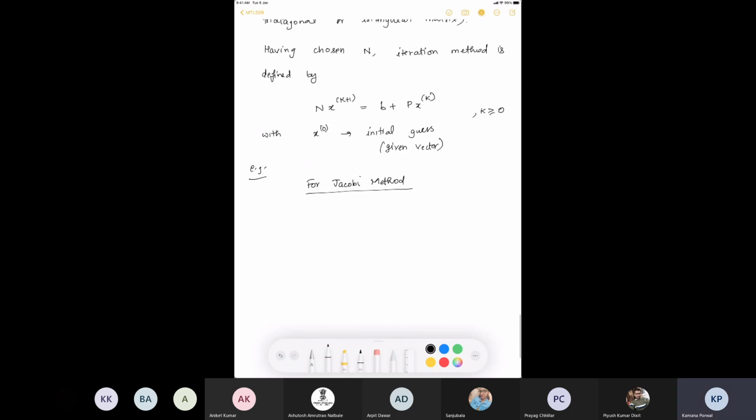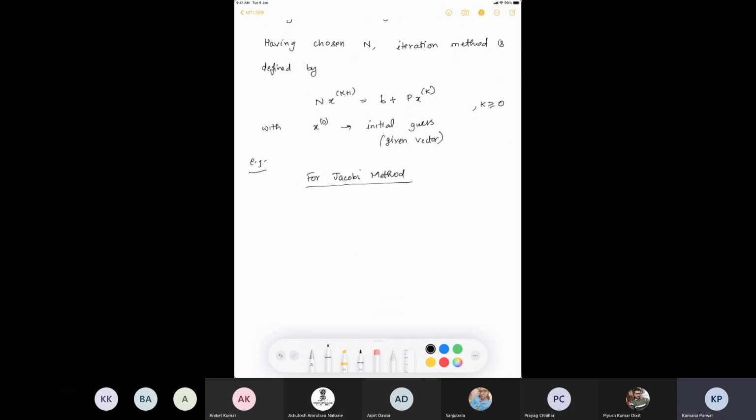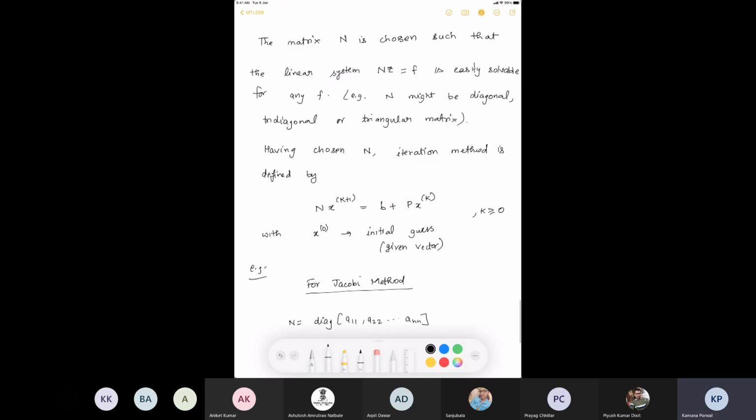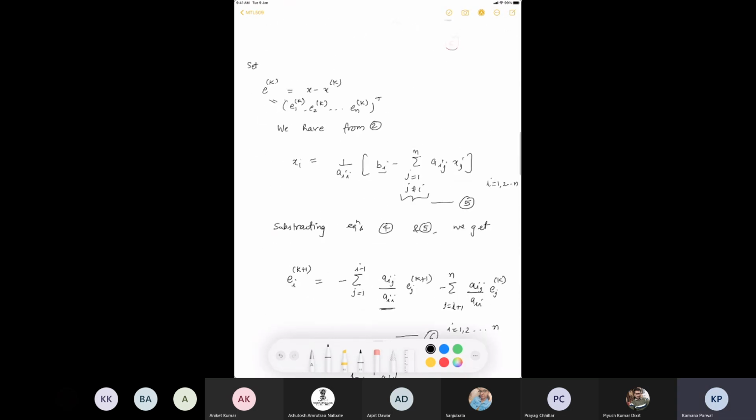Okay, if you just try to see how I obtained the form of the Jacobi method, N is nothing but a diagonal matrix with the diagonal entries a_ii. So just pay attention to what we have here.